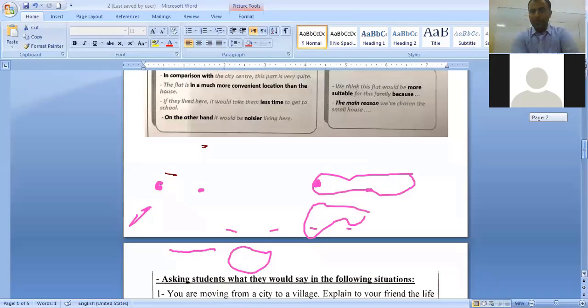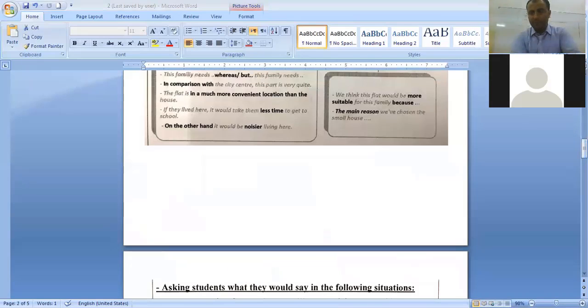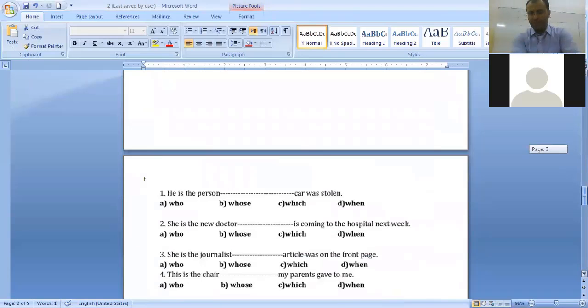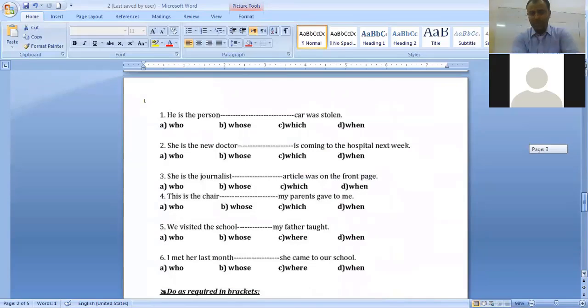Now, we will check for another grammatical rule. It's a very old one. It's the relative pronouns. Relative pronouns, as you can see here, like who, whose, which, when. We use these pronouns to add extra information about something in the sentence. Every pronoun has a function.